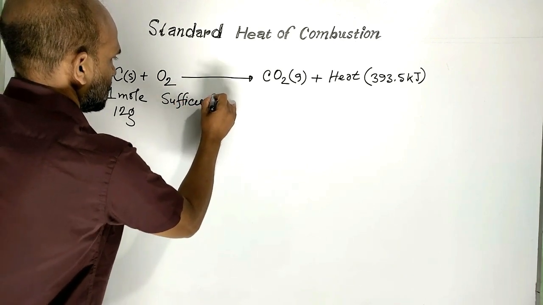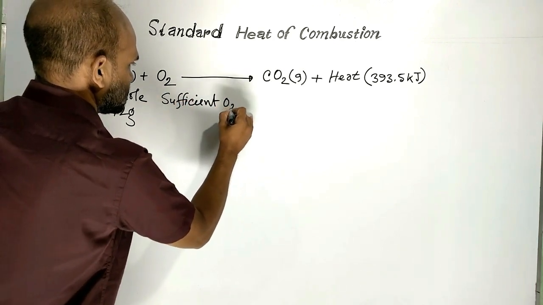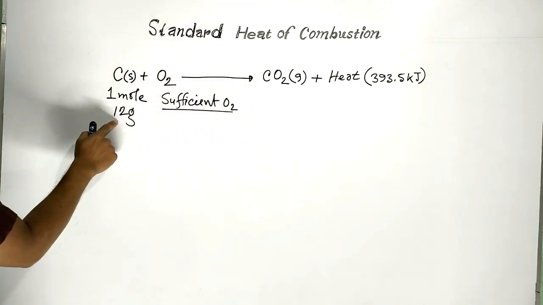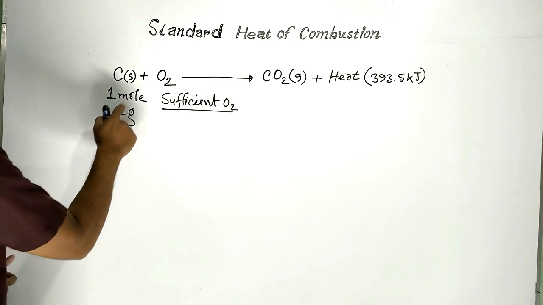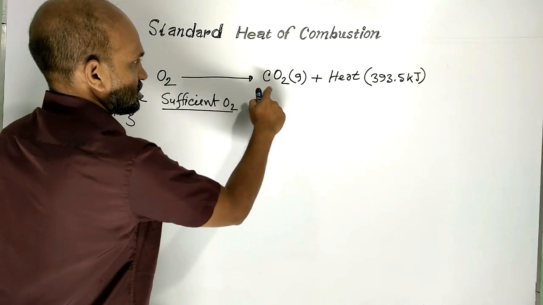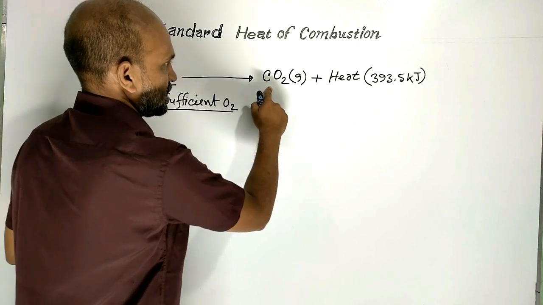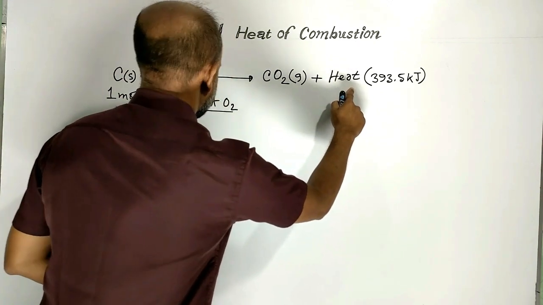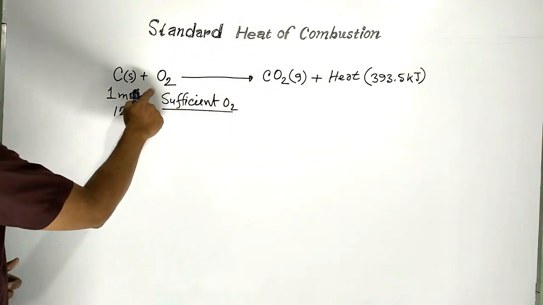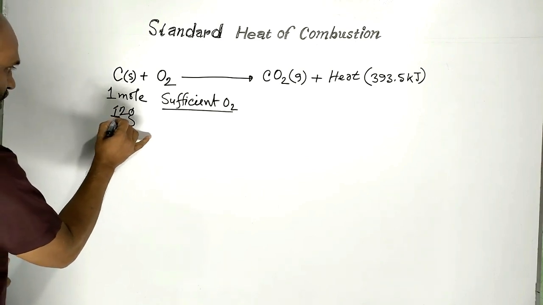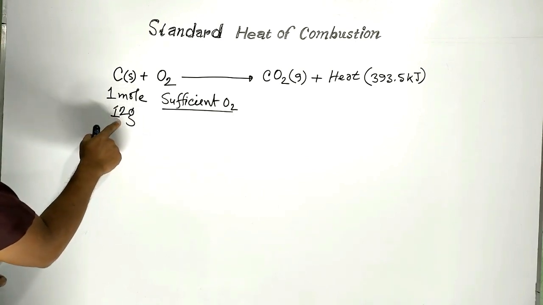sufficient amount of oxygen. When 12 gram carbon is burnt in presence of sufficient amount of oxygen, then carbon dioxide gas is formed and some amount of heat is released from the burning of 1 mole carbon.